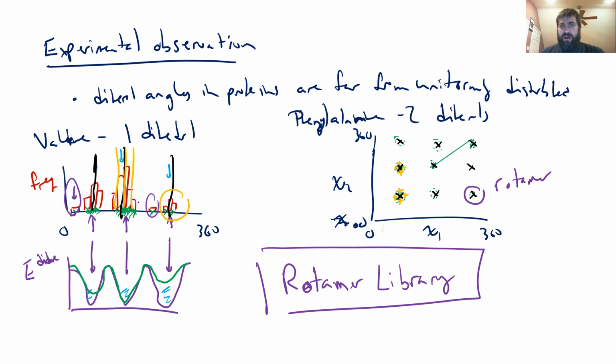Now, how big are rotamer libraries? What does this actually lead to? Well, let's just think about the simplest, the coarsest resolution sampling you can imagine.